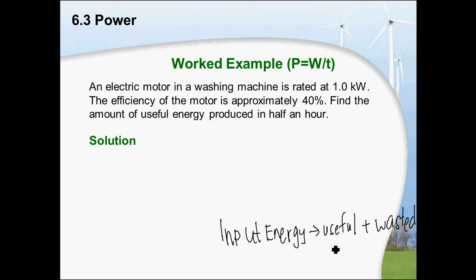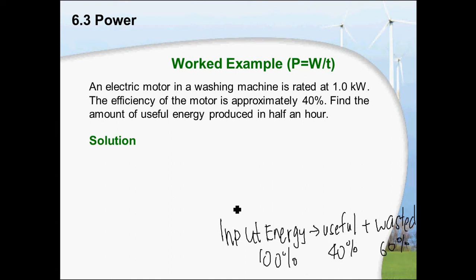So the input energy will become the output energy. One of them will be the useful energy, the other one will be the wasted energy. So if the efficiency is only 40%, that means that if the input energy, which is always 100%, has a useful energy output of only 40%, the wasted energy is 60%.